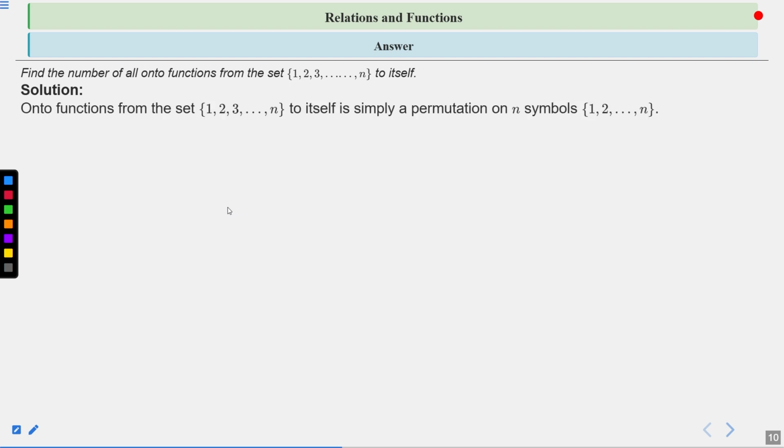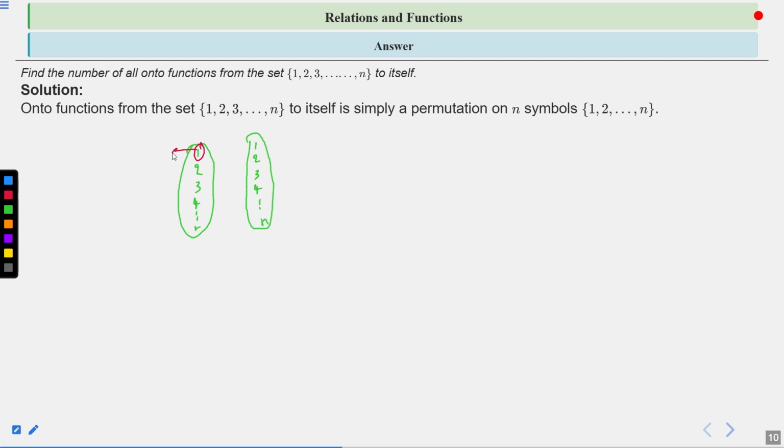So onto functions from the set 1, 2, 3 till n to itself is simply the permutations of n symbols, right? See, if we have 1, 2, 3, 4 till n and 1, 2, 3, 4 till n. For 1, how many options are there to connect? For 1, there are n options.